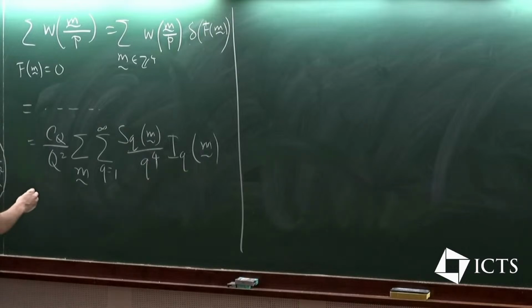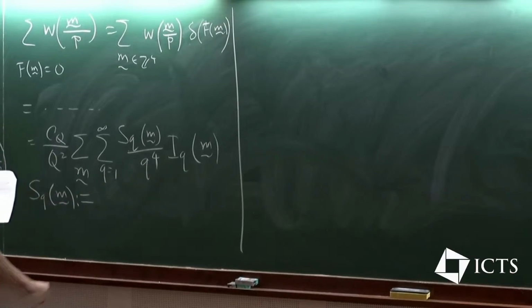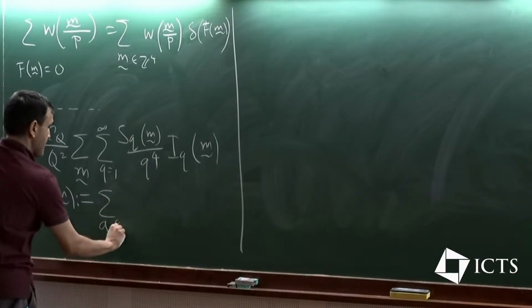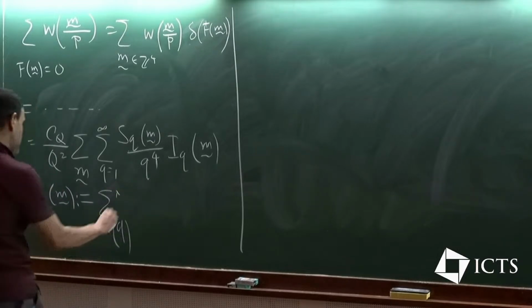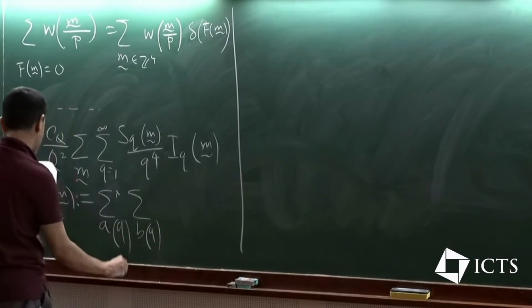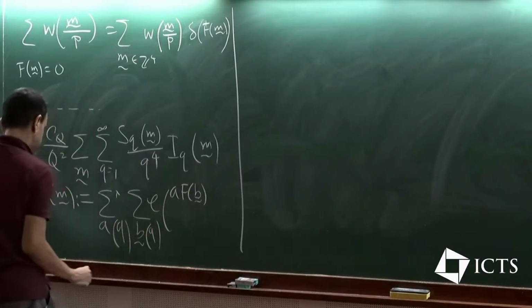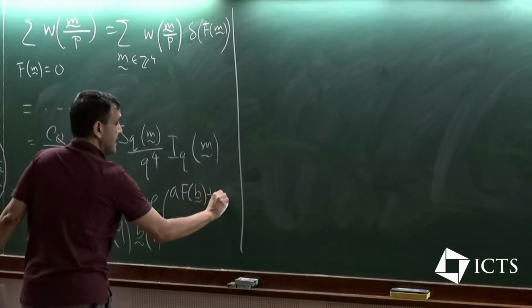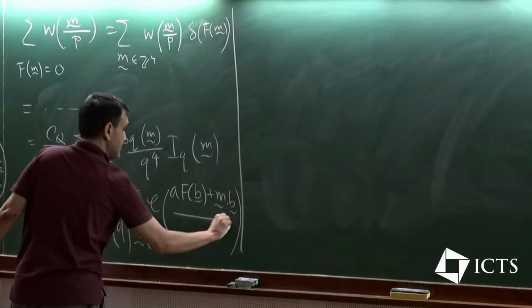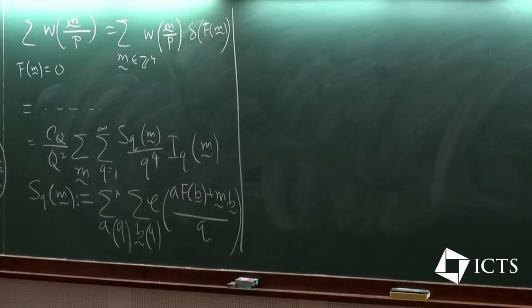So where S_Q(m) is the sum over a mod Q star, b mod Q, of e(a times F(b)), so these are vectors, plus m dot b by Q. And I is an integral which can be handled. And because of the decay in m, this sum over m is actually very small. So the main issue is estimating this sum S.